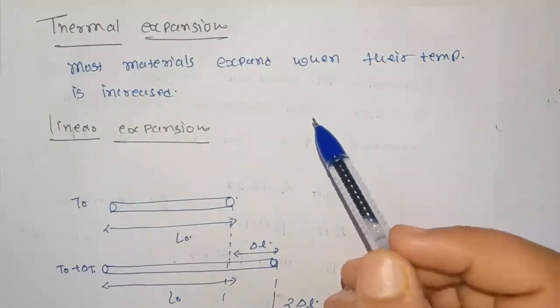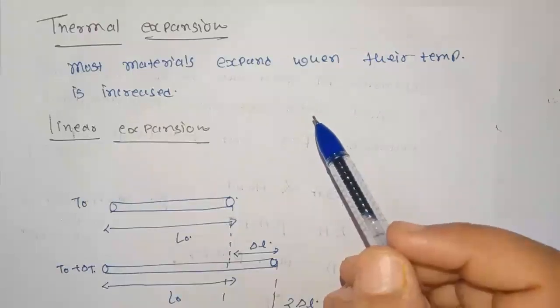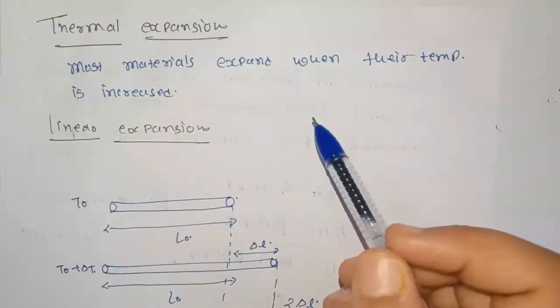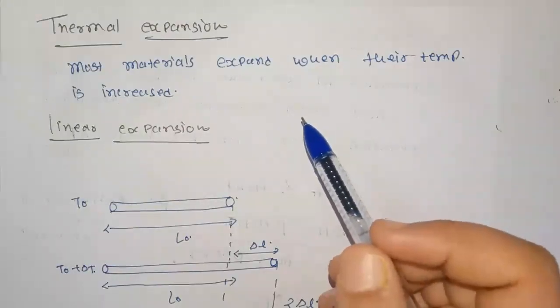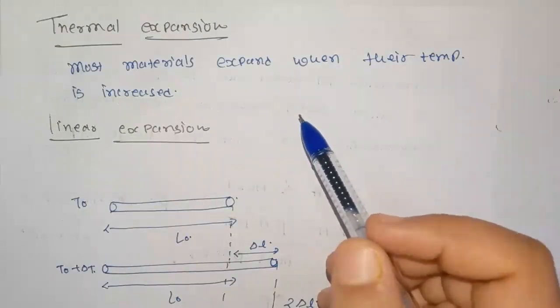A completely filled and tightly kept bottle of water cracks when it is heated, and we can loosen a metal jar lid by running hot water over it. These are all examples of thermal expansion.